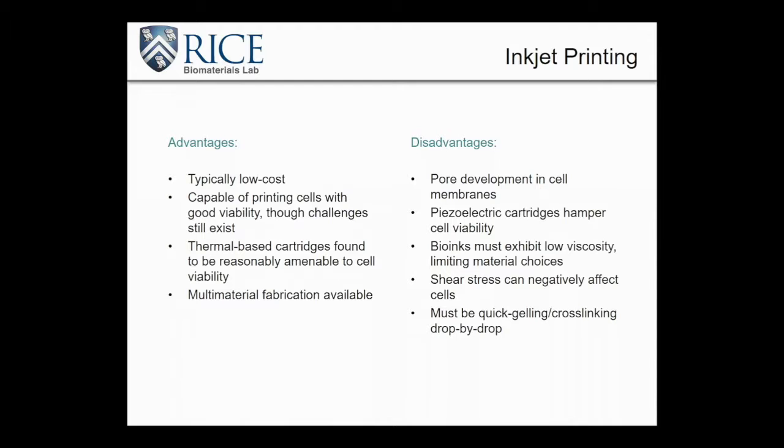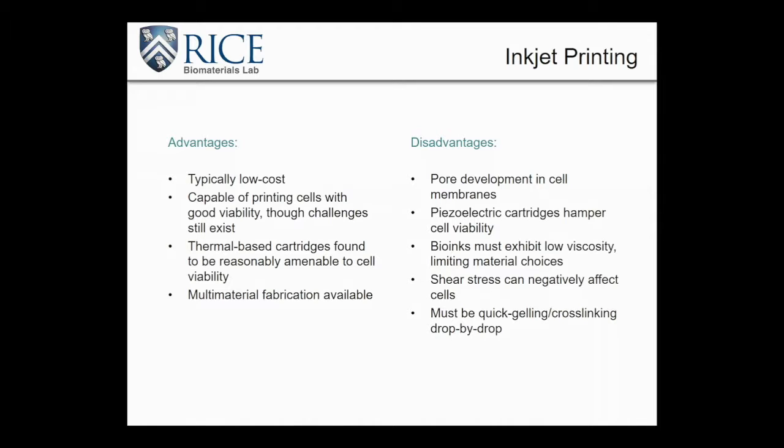But again, this can all be affected by adjusting things like the geometry of your nozzles when you're using inkjet printing. So like I said, typically these processes are going to be low cost, and they're well known to support the viability of cells, although there are still some challenges that exist with things like nozzle geometry and trying to accommodate the viscosity of our materials.